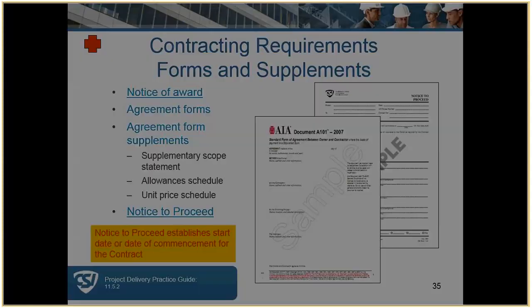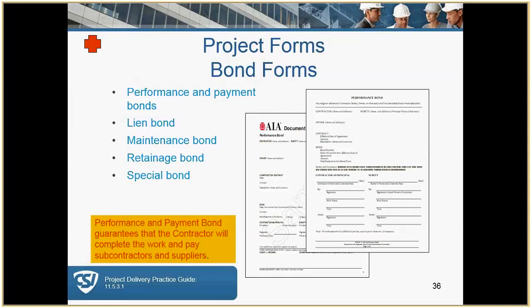Project forms and bond forms. Keep in mind the most common bond is a payment and performance bond. Basically, a payment and performance bond is a bond that the contractor obtains from a surety, a separate company or third party, that guarantees that they're going to complete the work, and also guarantees that they're going to pay their subs.